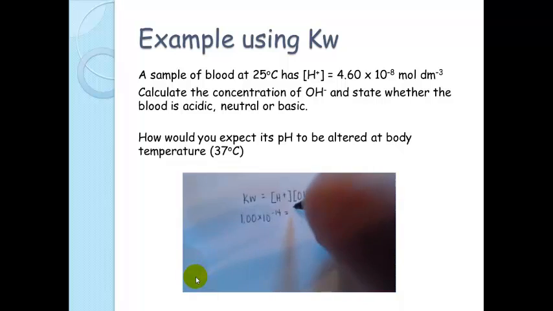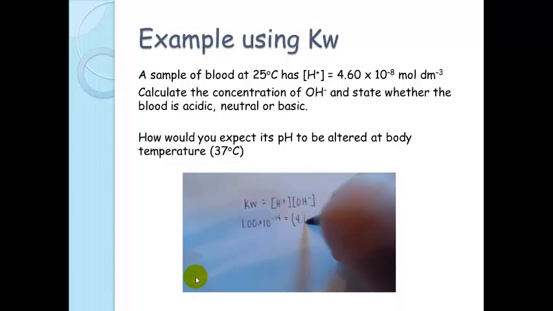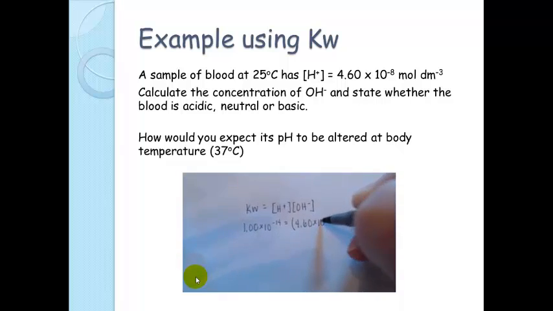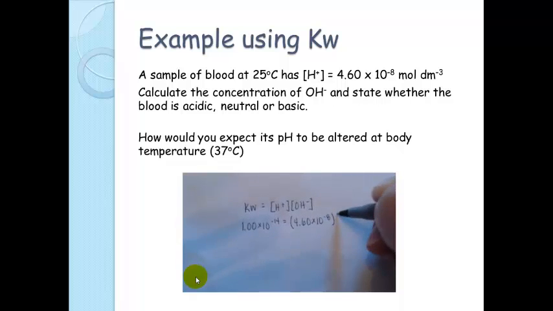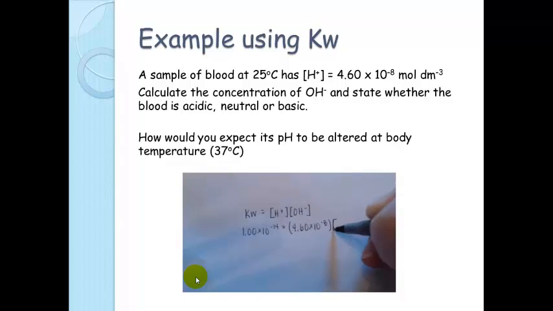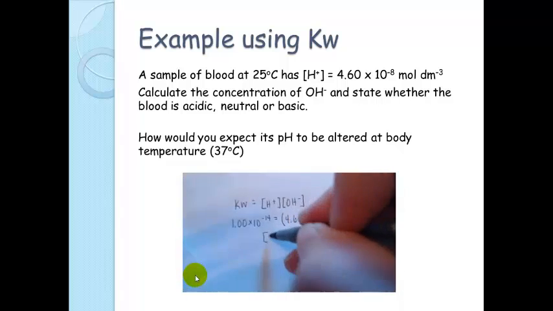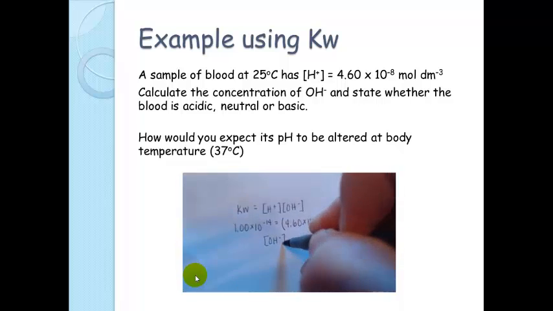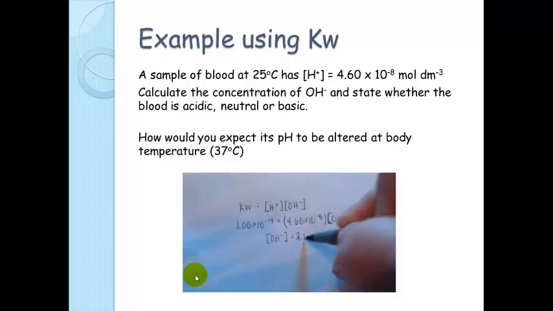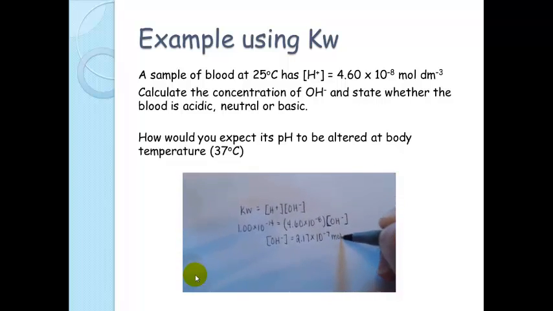We know the concentration of H+, 4.6 times 10 to the negative 8th, and so we can solve for the concentration of OH-. When we divide both sides by the concentration of H+, we get the concentration of OH- equals 2.17 times 10 to the negative 7 moles per decimeter cubed.